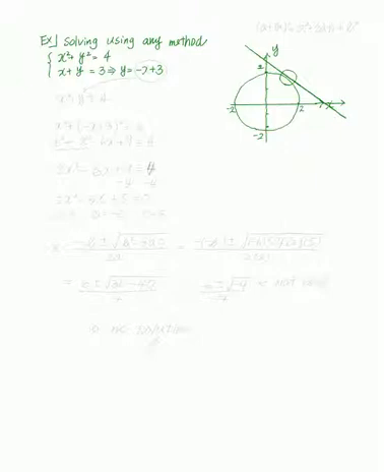So back to the equations. I'm going to take the circle, and I'm going to substitute for the y, the negative x plus 3. Giving me x squared plus negative x plus 3 squared equals 4.